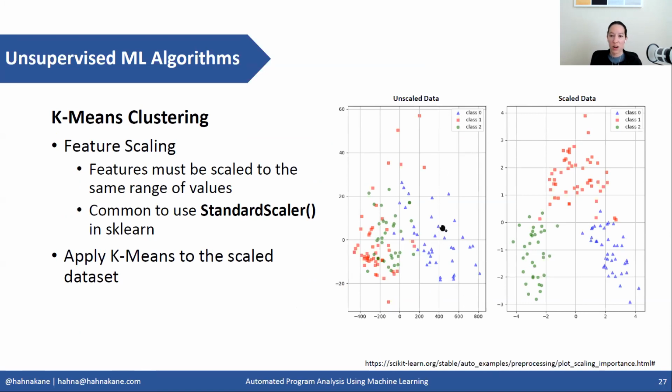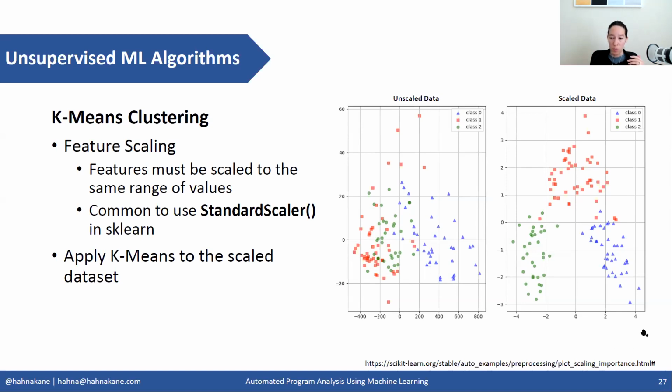So here on the left-hand side, we have unscaled data. We have 3 categories that we can apply, but we have an x-axis ranging from -400 to +800, and -20 to 60. It's kind of hard to really associate our data points with such a varying scale.